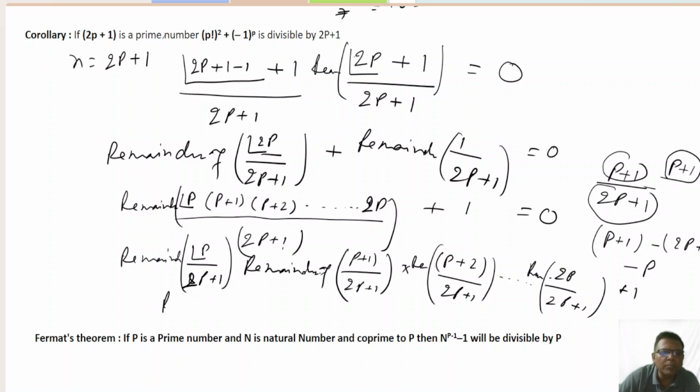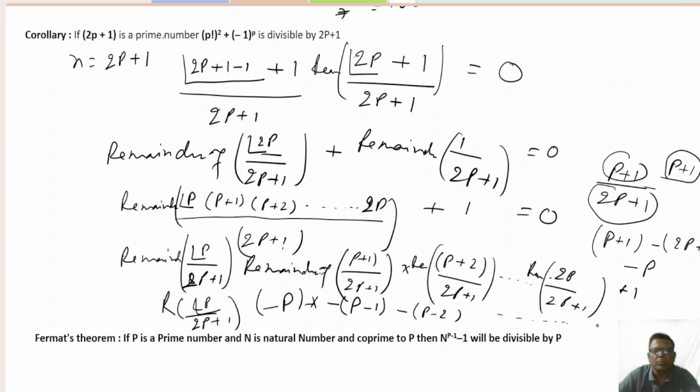So this one is the remainder of factorial p by 2p plus 1, and this one we have seen will be minus p remainder, multiplied by minus p minus 1 remainder, then minus p minus 2 remainder, up to minus 1, remember.